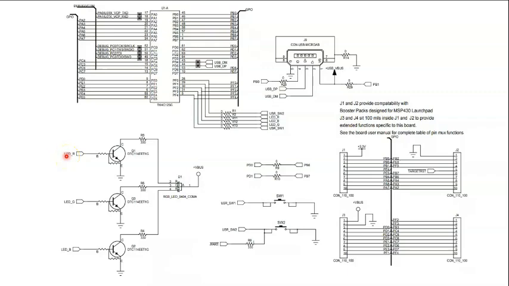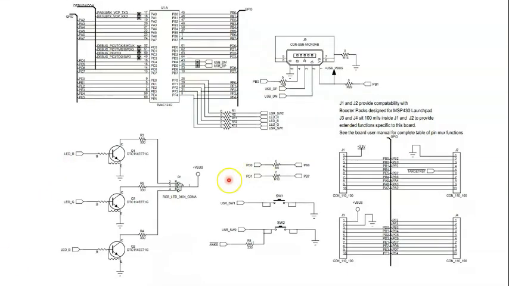And here is a partial schematic of the Tiva C series LaunchPad board, the EK-TM4C123GXL. I'd like to highlight the two switches we mentioned earlier, SW1 and SW2.